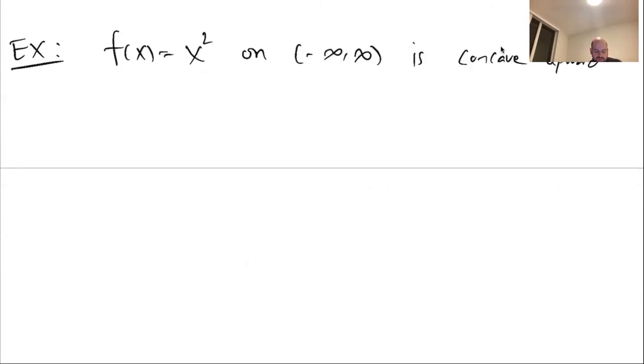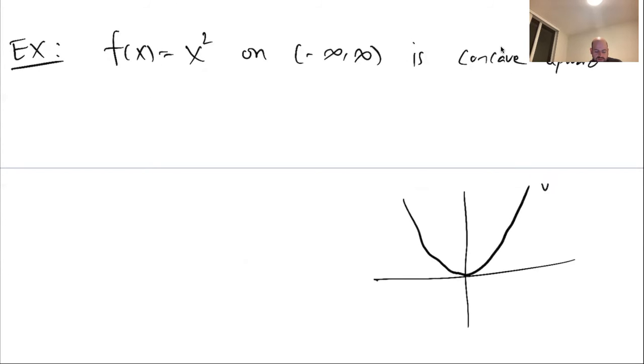Right? You know how the graph looks for f of x equals x squared, the parabola, and it's concave upward. How can we verify this? Using the second derivative.